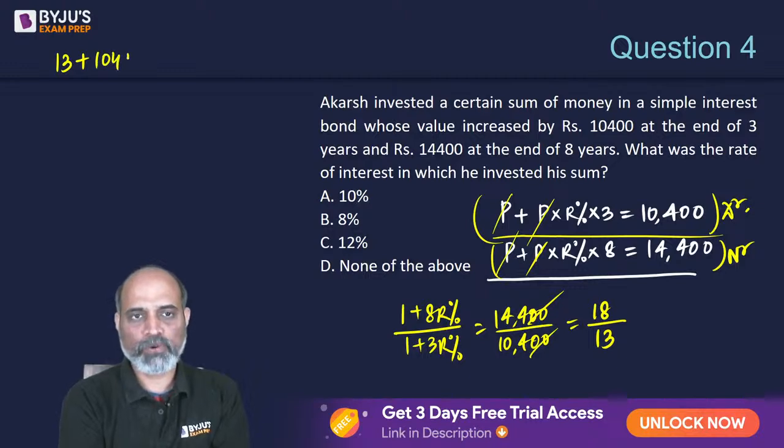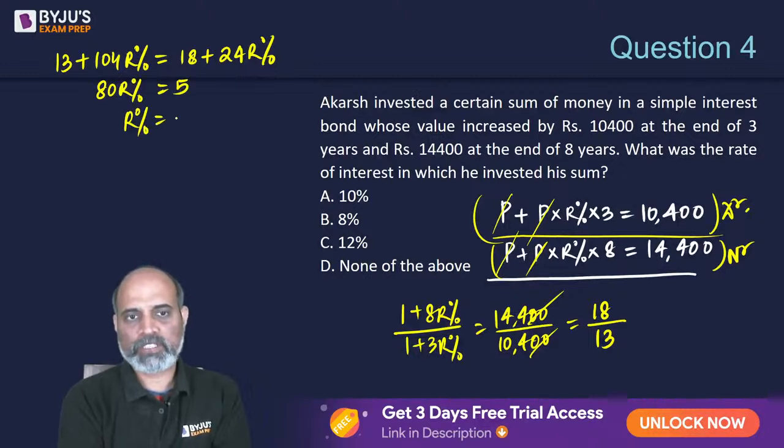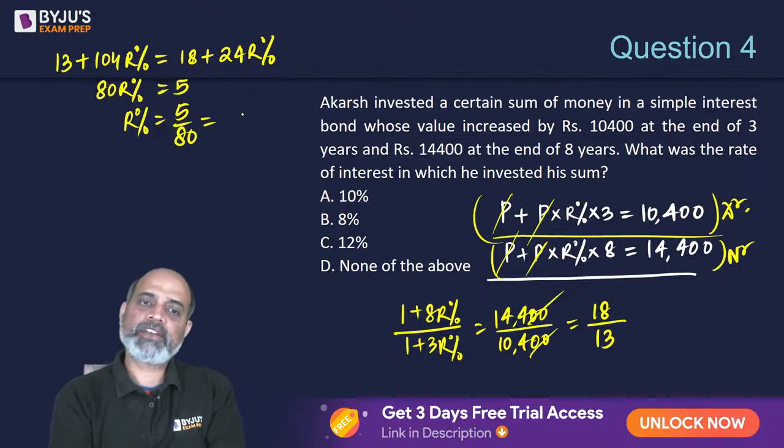So 104 R% is equal to 18 plus 18 into 3, 24 R%. If we rearrange, we will get 80 R% is equal to 5, or we will get R% is equal to 5 by 80.